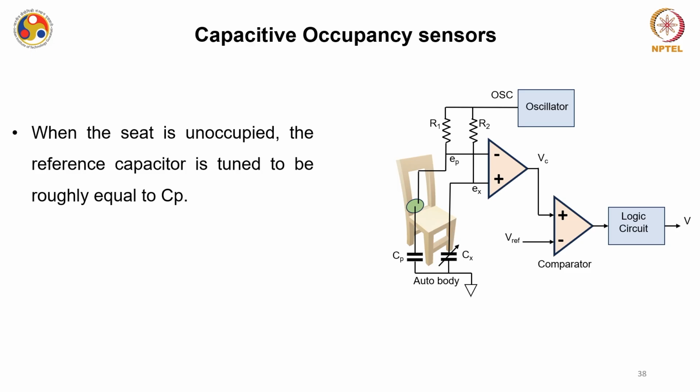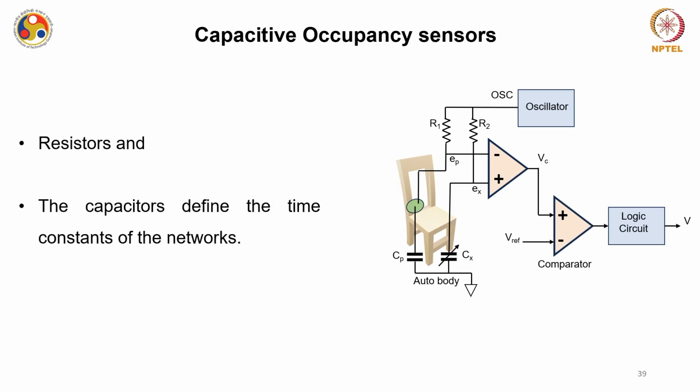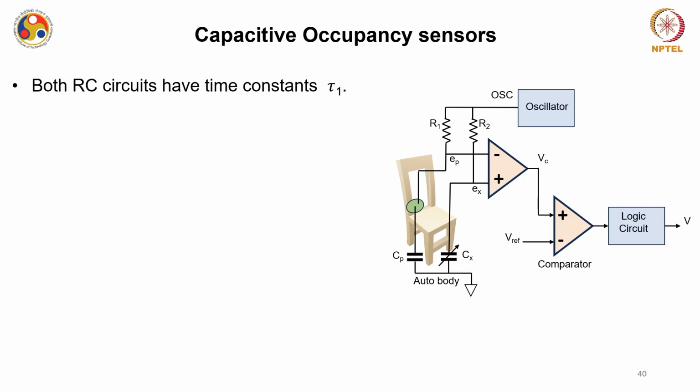When the seat is unoccupied, the reference capacitor is tuned to be roughly equal to Cp. Since this is a variable capacitance, I have made it so that when no one is sitting on this chair, the Cx is tuned to the value of Cp. Please note that in this case, the resistor and capacitor, as in any RC circuit, define the time constant of this network.